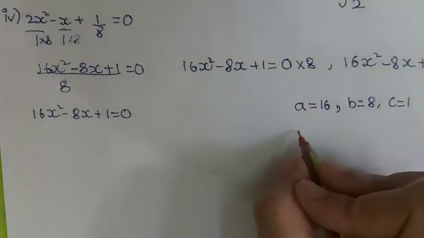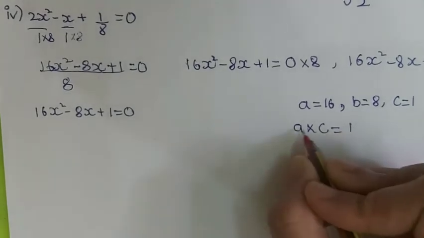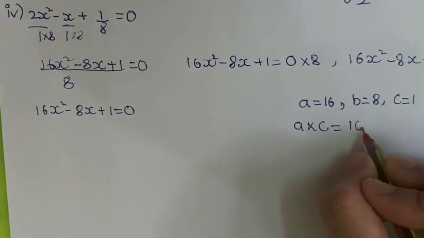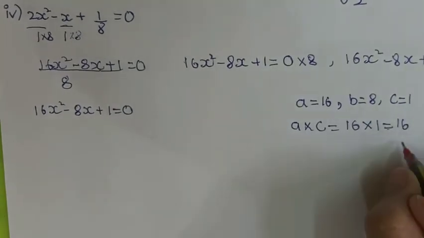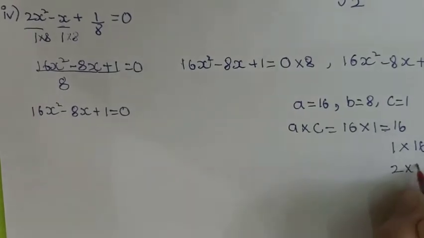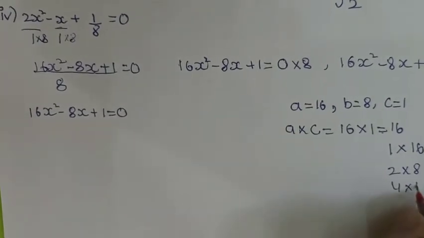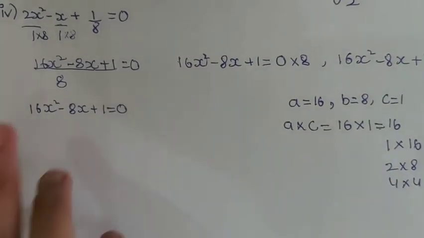Now a into c: a is 16, so 16 into 1 is again 16. 1 into 16 is 16, 2 8s is 16, and 4 4s is 16. Now you can see 4x plus 4x is 8x.